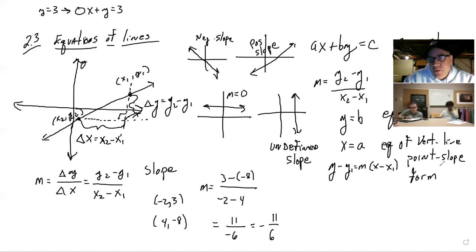That is the tool you're going to go with, in all instances, with the exception of horizontal and vertical lines, which we'll treat separately. Otherwise, if you're trying to determine an equation of a line, this is the tool you get out of the toolbox. You need two things to determine it. You need a point and you need a slope.